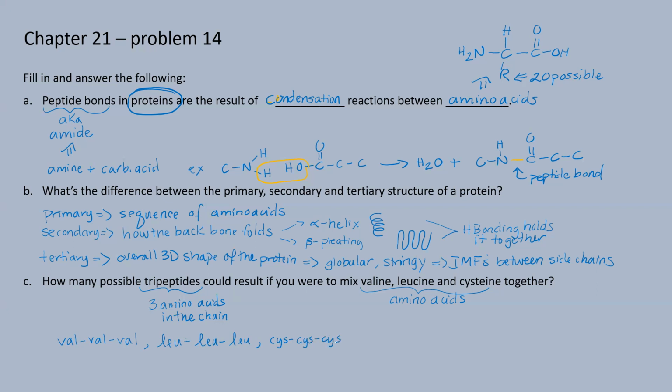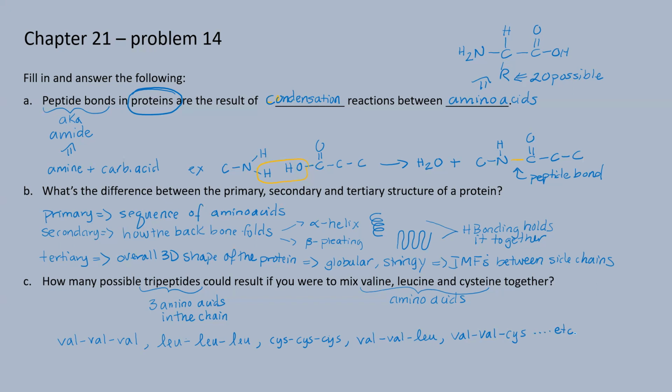They pretty much don't know. But then you can have mixtures. So we could have valine, valine, leucine. We could have valine, valine, cysteine. So I'm just going to put etc. There's got to be a faster way.